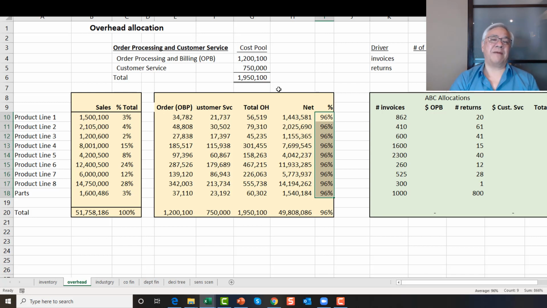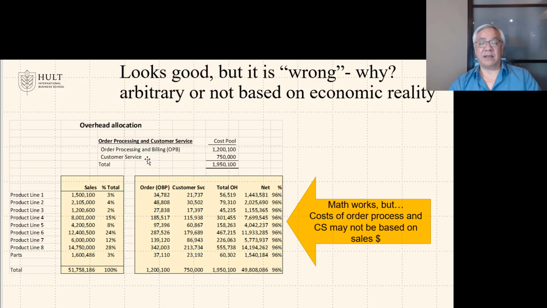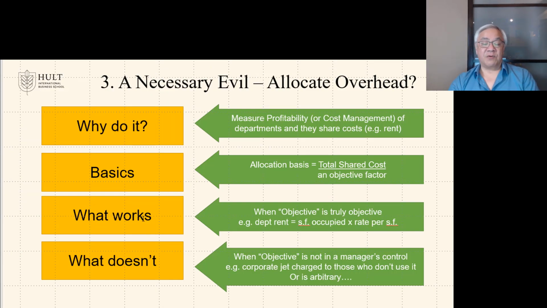I don't have 25% of the customer service. So this shows the weakness is that, yeah, it's easy and it's objective based on percent of sales, but it doesn't mean it's right. And that goes back to this point is that does it work? Well, it doesn't work because the allocation does not seem to mirror the economics of what's going on here.